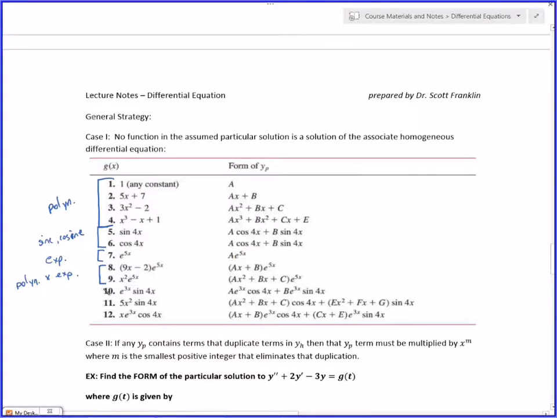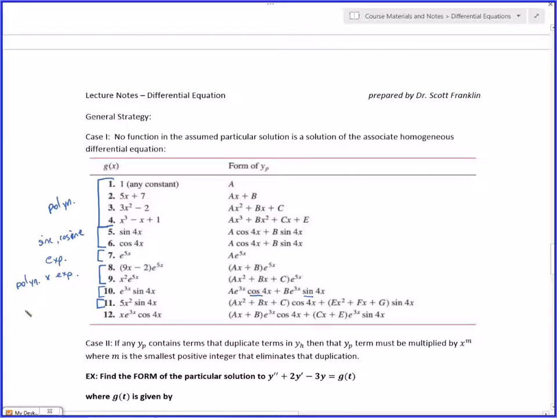If you have an exponential times a sine, we didn't do one of those, but use that exponential times a sine and that exponential also times a cosine. Notice I'm using both of them there. Even though I only had sine, you've got to use sine and cosine both each time.